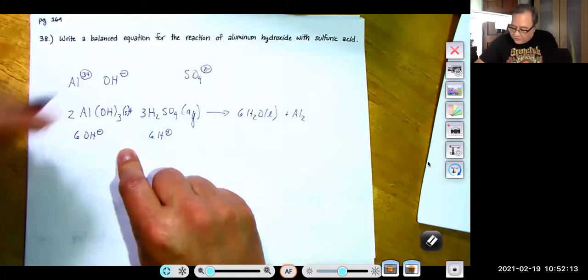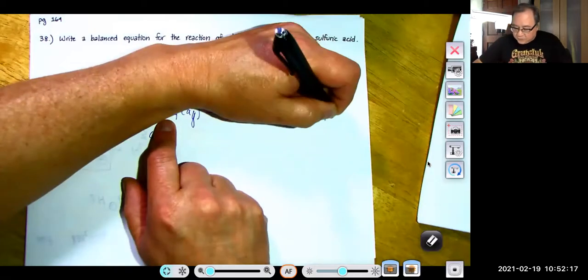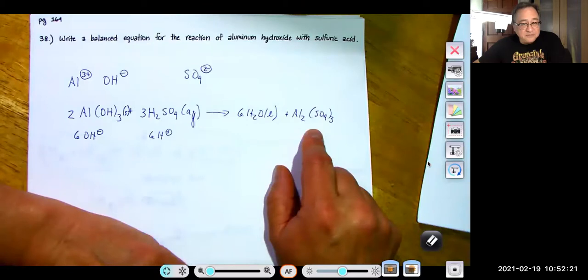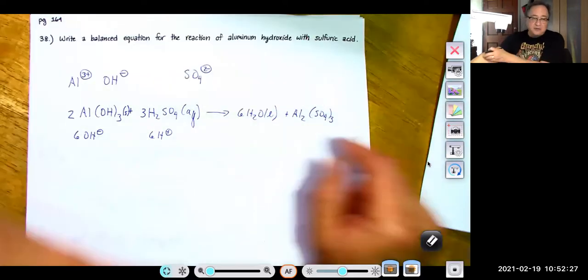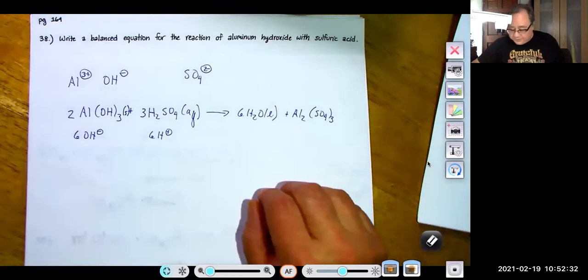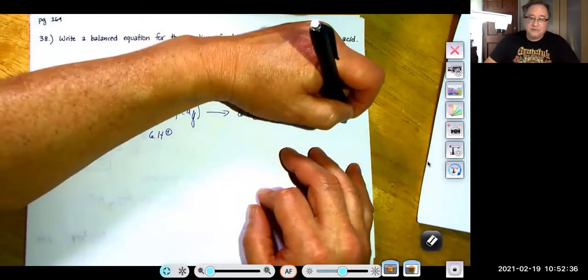And there's 3 sulfates. And will this be aqueous or not? In general, sulfates are soluble unless you combine them with something like barium or strontium or one of those, or lead-2. So that should be soluble.